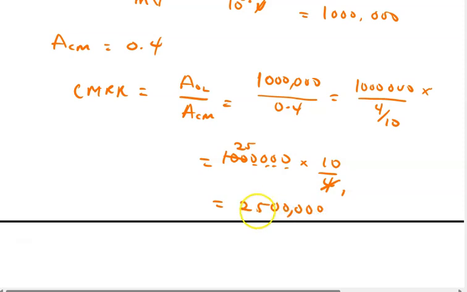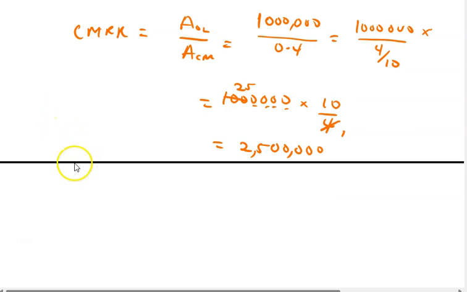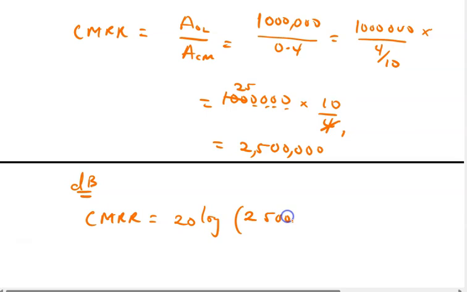So that will be the value, 2,500,000. Yes. In decibel, we are going to convert it. The CMRR is simply going to be 20 log of the final answer, which is 2500, 3 zeros again, right?